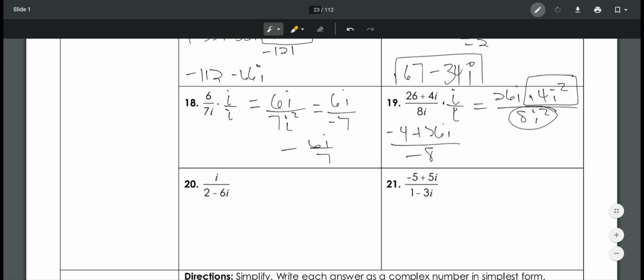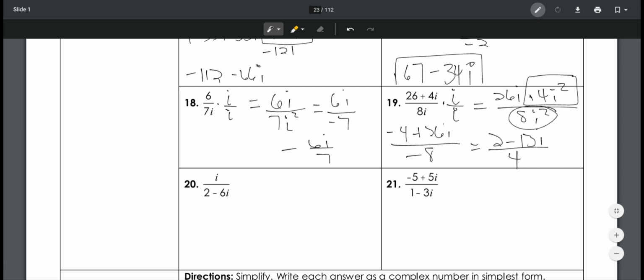Then I can simplify all of the numbers because they are all divisible by 2. Not only am I going to divide them by 2, remember I mentioned in a previous review session that you cannot leave negative denominators. So we're going to divide by -2. That would be 2 minus 13i over 4.